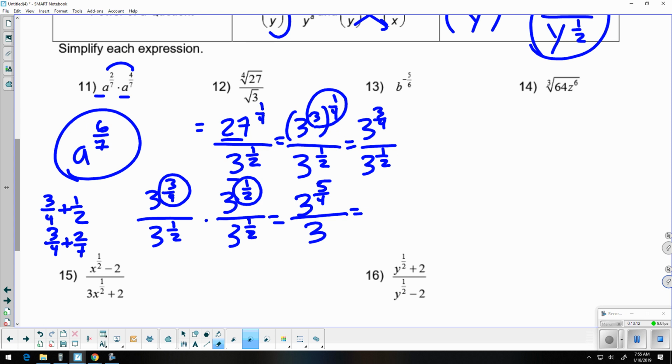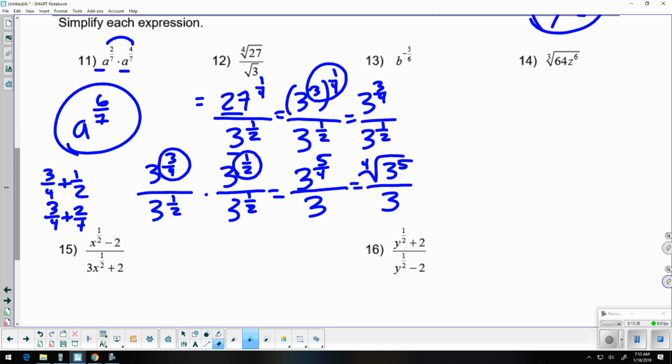Okay, 3 to the 5/4 power, if I translate this back to a radical, you're taking the fourth root of 3 to the 5th power, still over 3. I can take the fourth root of 5 3s, right? Think about how many groups of 4 3s I can take out of 5 3s. I can take out one group of 4.